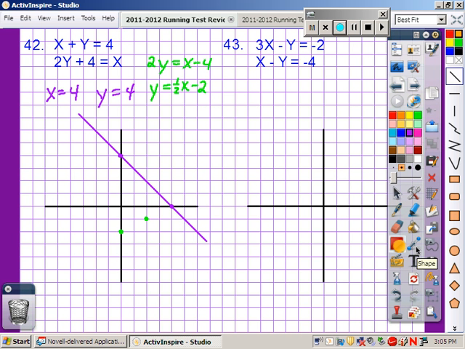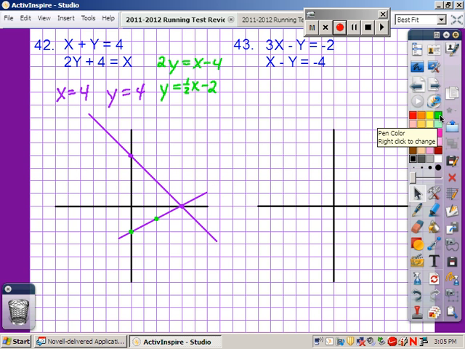And this time, we can see that our line intersects at that point right there, which is what we're looking for. You can see the intersection of the 2 points. That's what you want to highlight and mark as your solution.